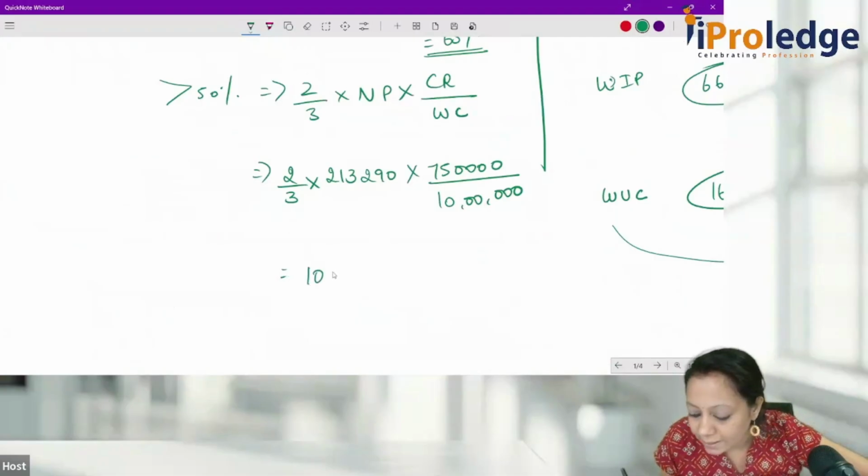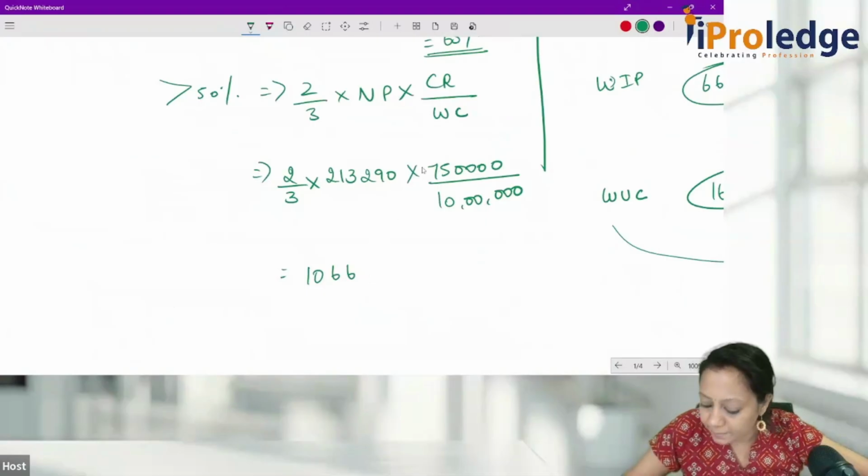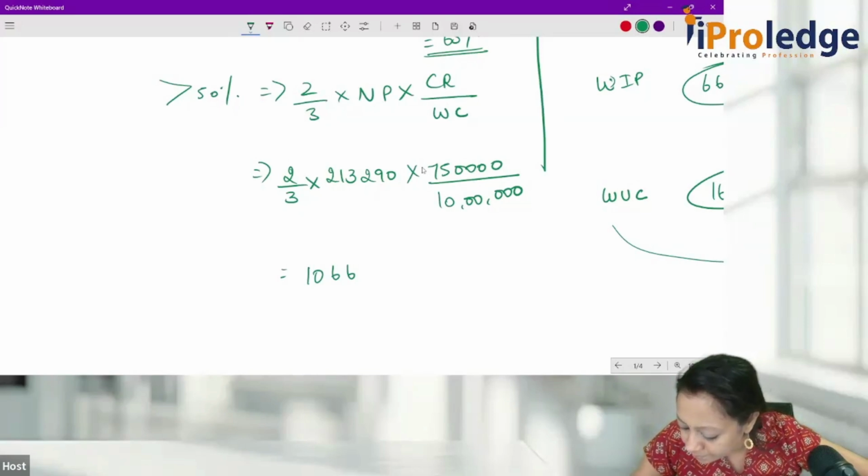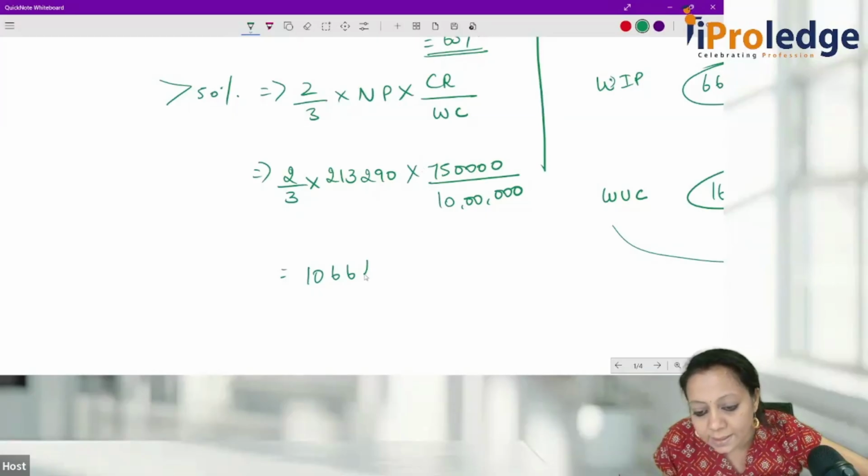Are we getting 1066? 2,13,290 into 2 by 3 into 7,50,000 divided by 10 lakhs. Yes, 1 lakh 6,644 or 645 also we can say.